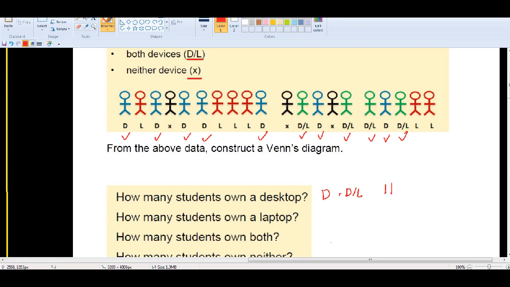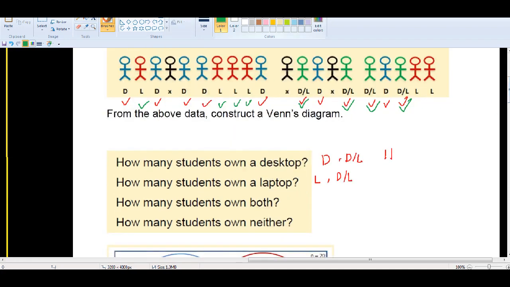Okay, how many students own a laptop? Laptop is L or D and L. Let's see. L, this one, 1, 2, 3, 4. Again, this one is also DL, means he actually has a laptop as well. There are 8 of them.